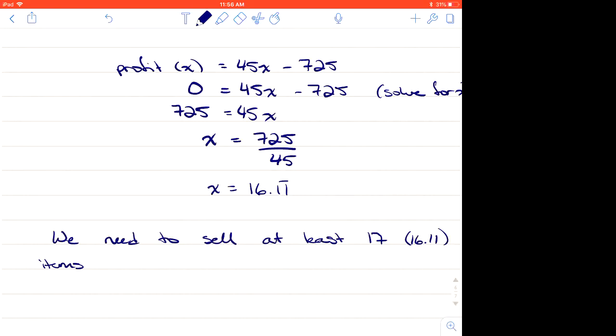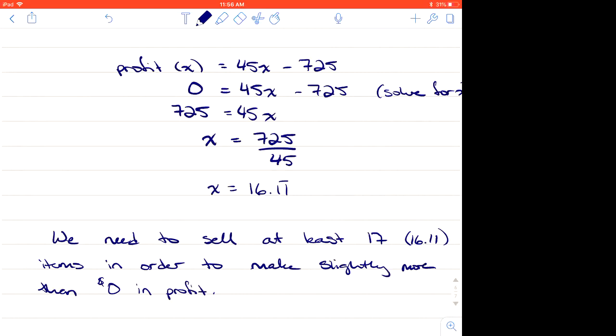We can't actually sell 0.11 of an item. So it'll depend on the context, right, if you round up or down. So we have to round up to 17 in order to make slightly more than $0 in profit.